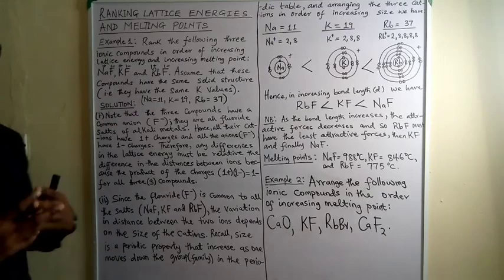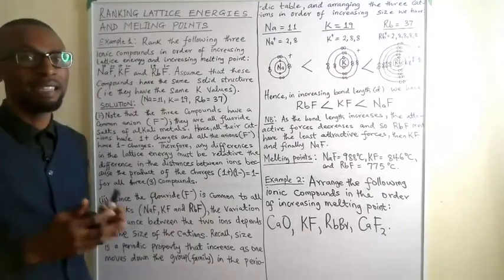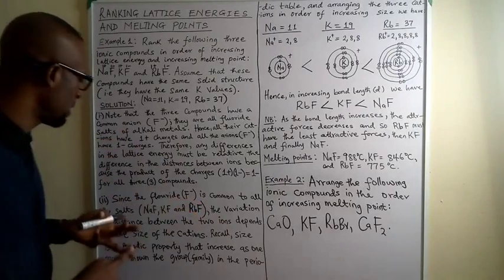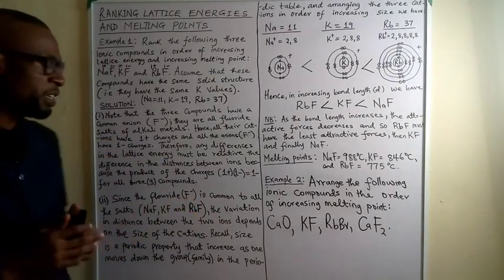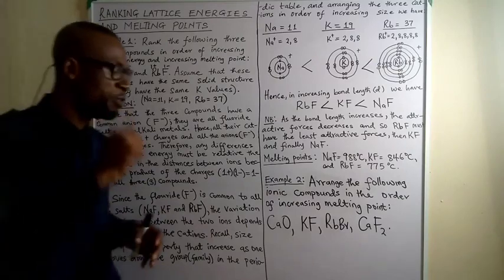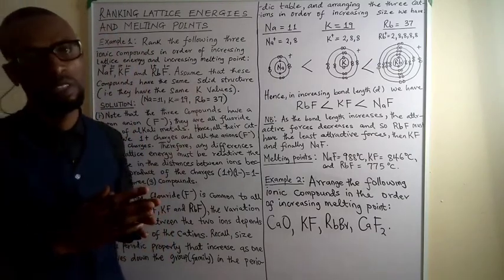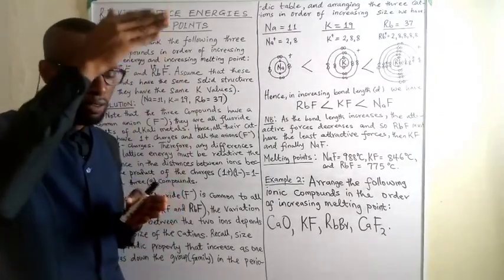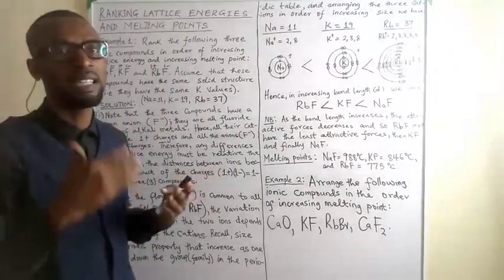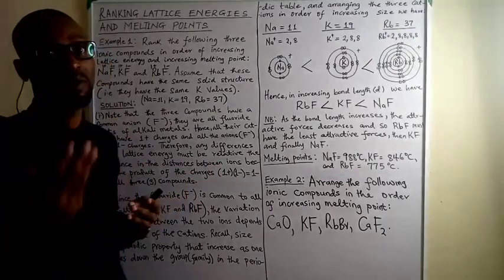And it's important for us to recall that the atomic size, or what we call ionic size, is a periodic property. And of course, it increases as you move down the group or family in the periodic table. As you move down the group, the atomic number increases and the number of shells also increases.